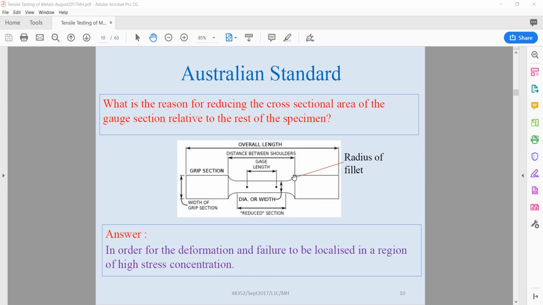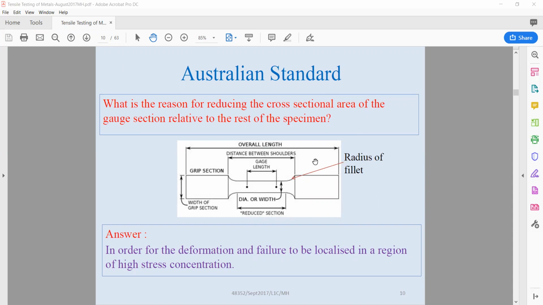When we shape the specimen like this, we are concentrating the stress around here. So we are trying to make the sample fail around this area. Failing around this area helps us a lot because we are putting the gauge lengths around this area. So it helps us to measure other parameters also.